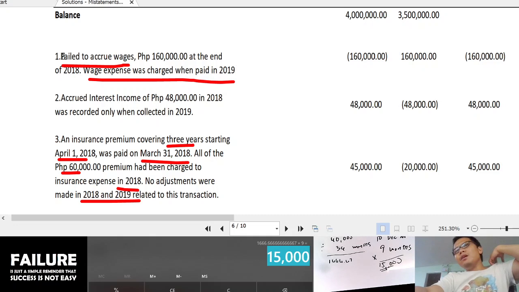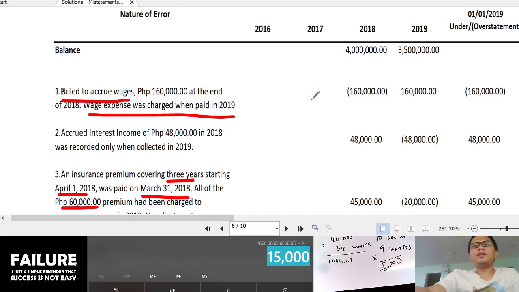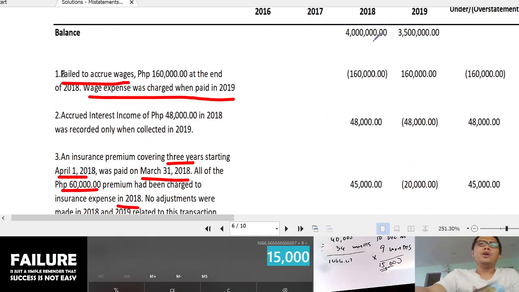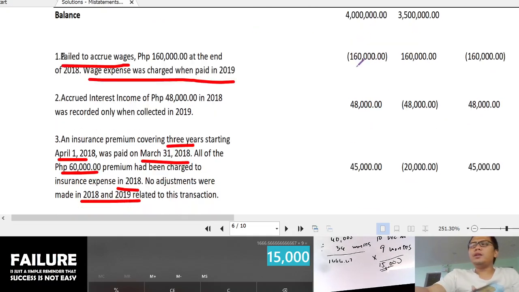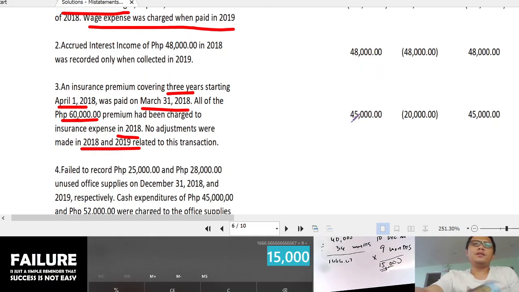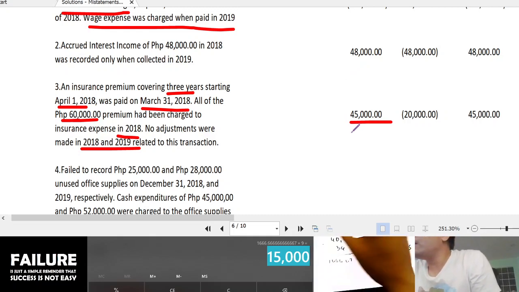Ito. Pero, ang ginawa mo is that na-recognize mo lahat ang 60,000. So, ano yung effect natin dyan? Obviously, your net income in 2018 is understated by 45,000. So, paano natin kinuha yung 45,000? Kumbaga, di ba, magkano yung na-recognize mo na expense lang?